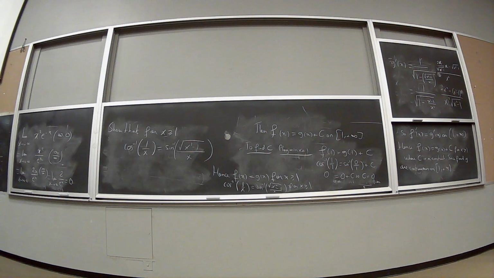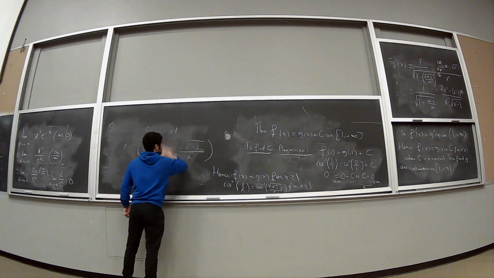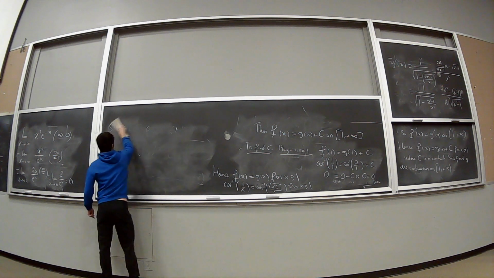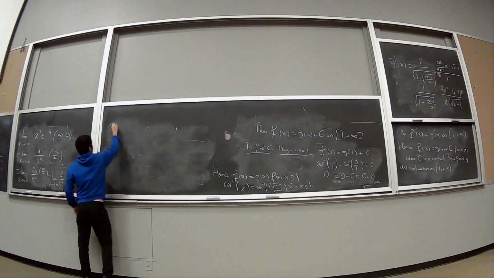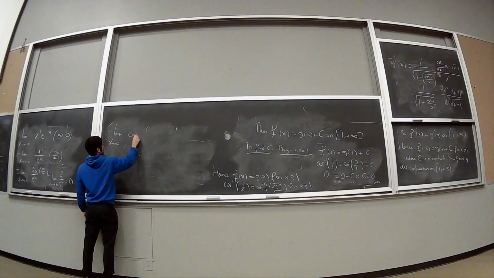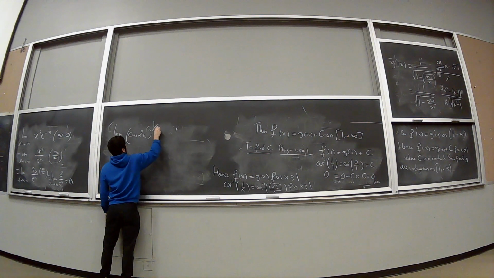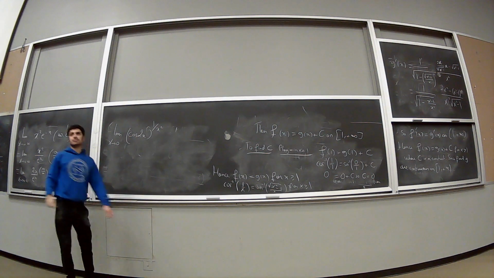Yeah? Now let's do one more. I have one more, right? The limit as x goes to 0 of cos 2x to the power 1 over x squared.